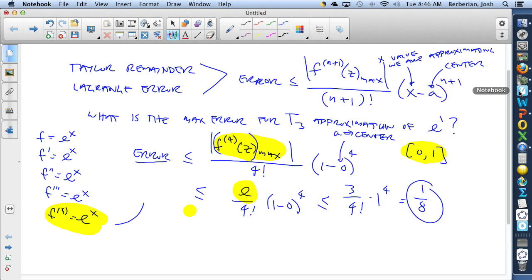We often talk about Lagrange error with sine, cosine, e to the x, the ones that we have memorized. And all of the ones that we have memorized are centered at 0.